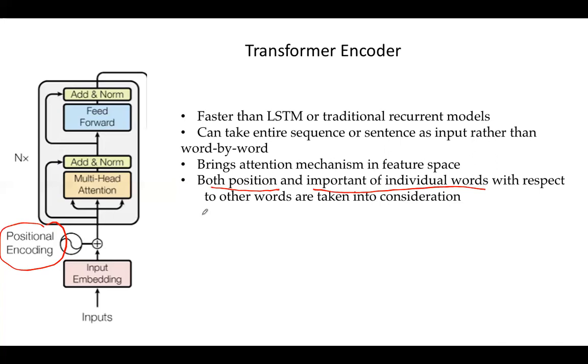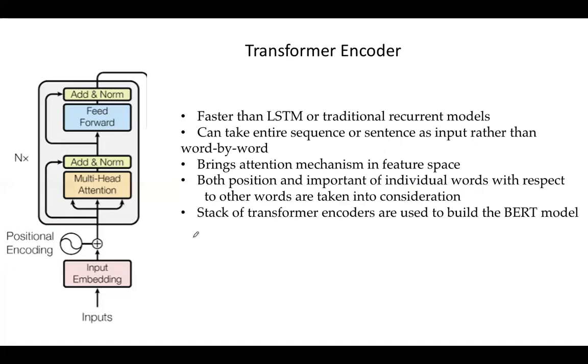Both of them are taken into consideration to come up with a feature space or word embedding that is much more contextual, meaningful and powerful than what we have seen just using word2vec, GloVe or fastText type of models.